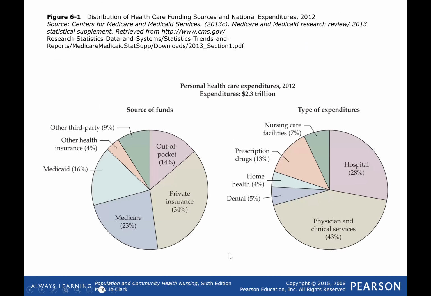Oh, never mind. The next slide had the exact thing that I was just talking about. So 2012 expenditures was about 2.3 trillion. So that's what, 13 years ago? So it's probably about 10% higher.